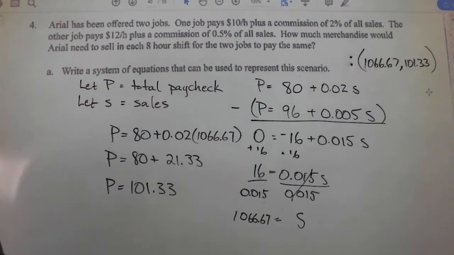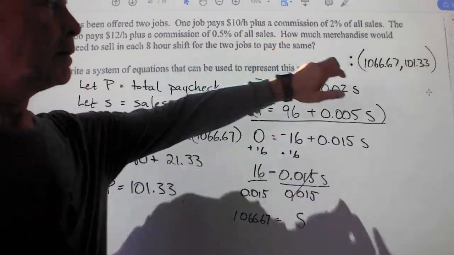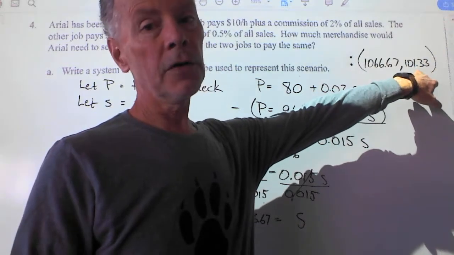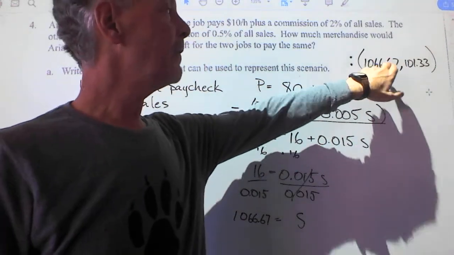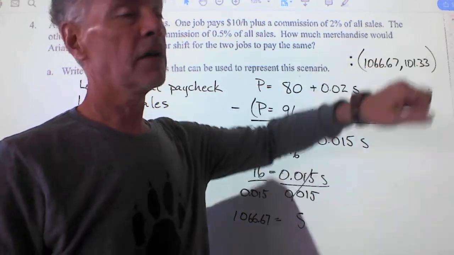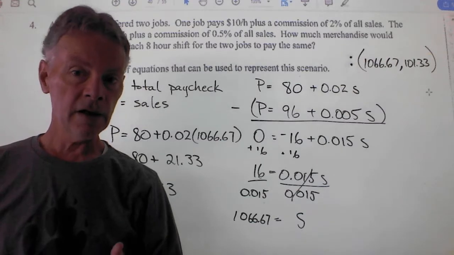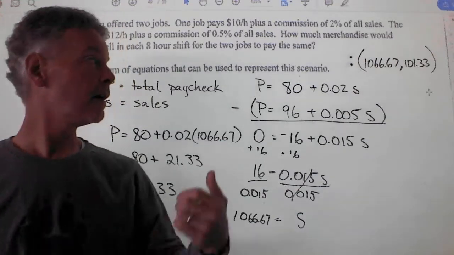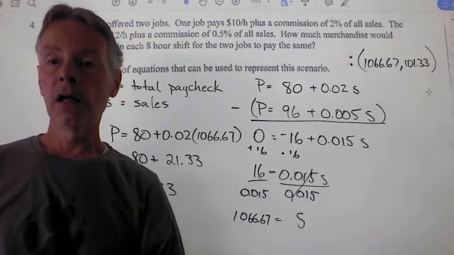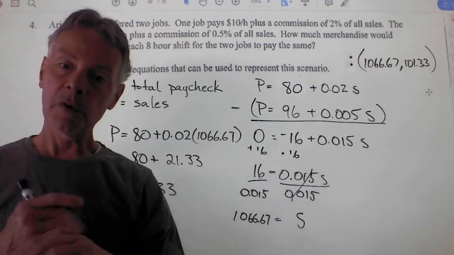That means that these two plans will pay exactly the same amount, $101.33, if you have sales of $1,066.67. Okay? So in other words, again, if we go back to the idea of these both being equations for a line, that's where the points cross.